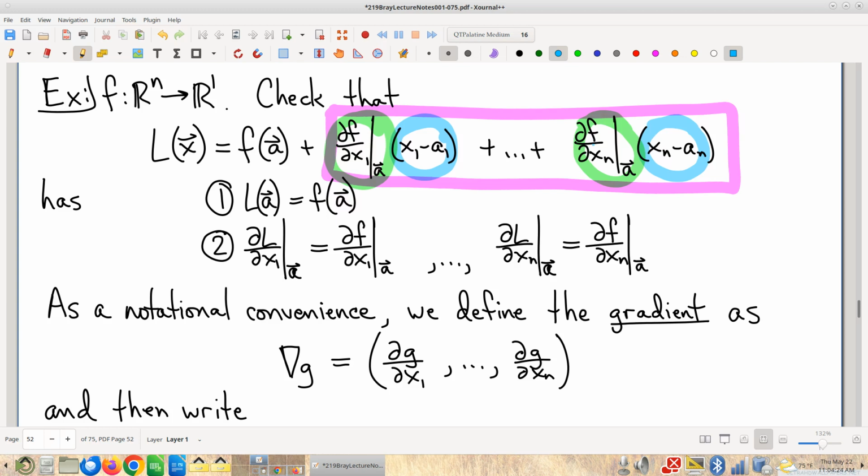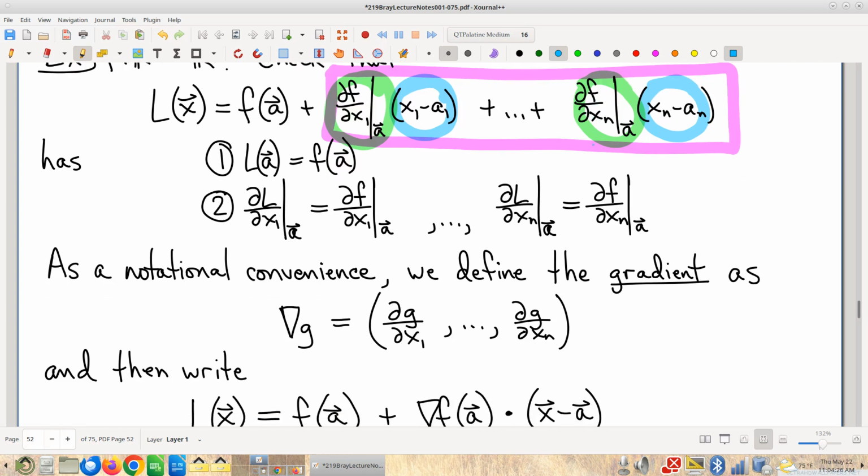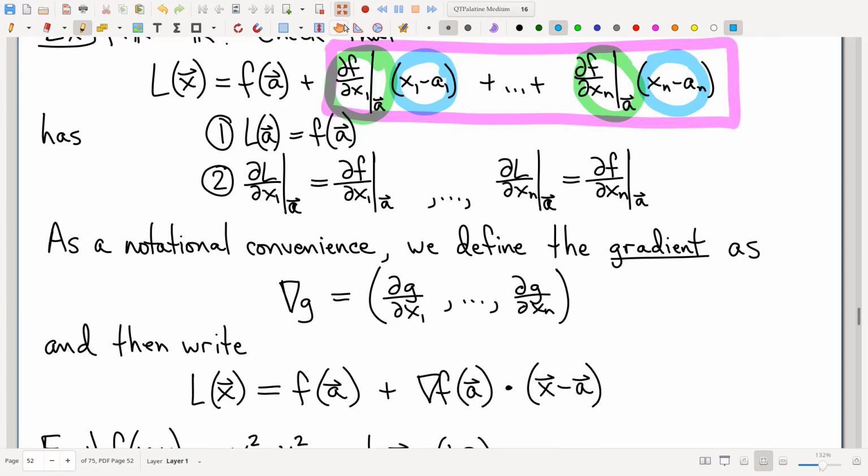And in fact, what you notice pretty quickly is that all of those factors in blue are just literally the coordinates of the x minus a vector. How about that? What are the odds? Okay, well, cool. That worked out nicely.